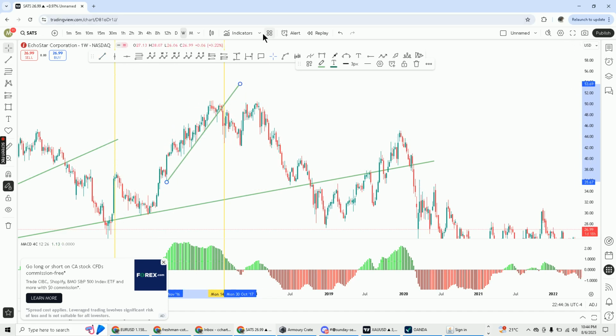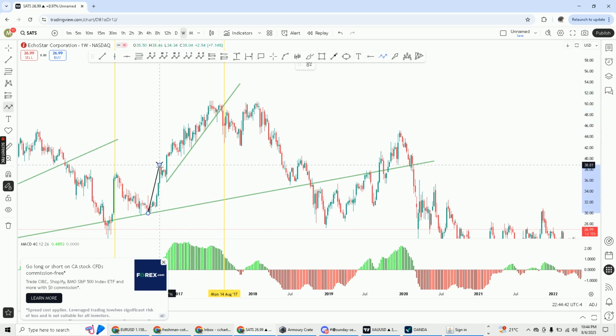To help you, you can just draw it like this. We can see it's making higher highs. We can see that, and we can see there. That's where it ended, basically. So it's a higher high. This is a higher low, higher high, higher low, higher high, higher low, higher high.